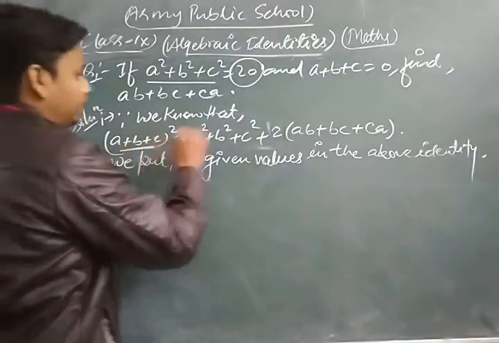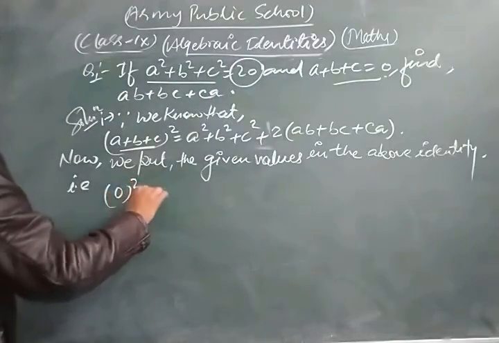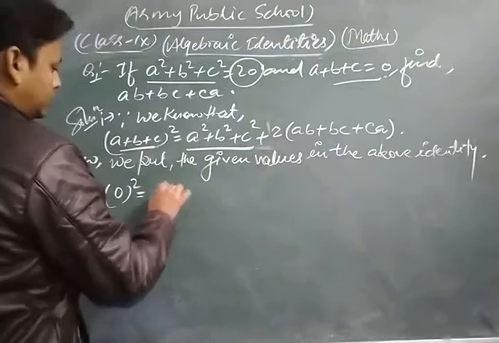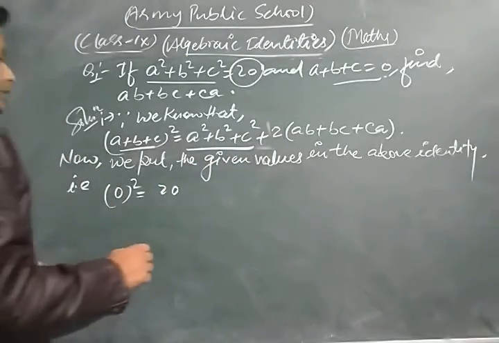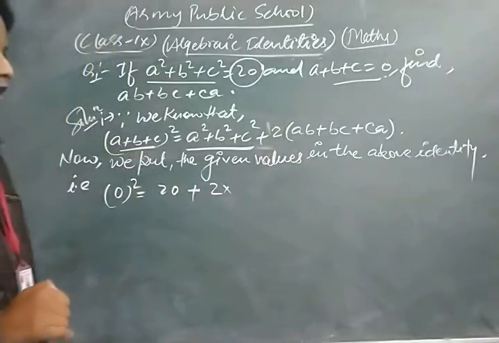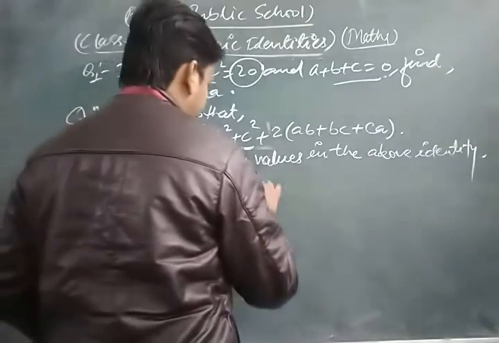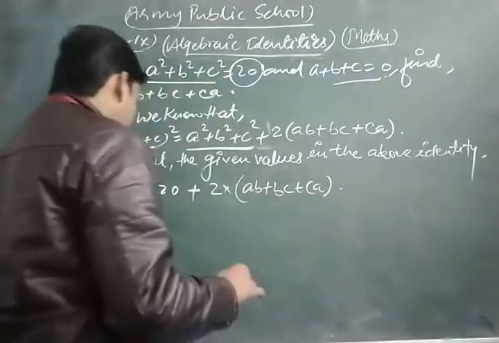That is, the value of a plus b plus c is 0, that is 0 square is equal to the value of a square plus b square plus c square, that is 20, plus 2 times (ab plus bc plus ca).